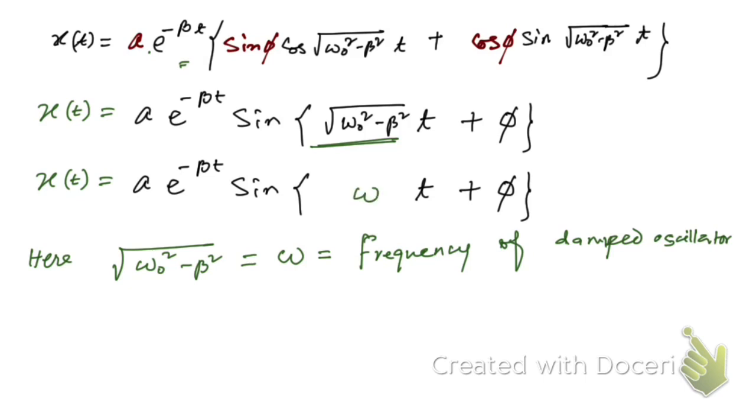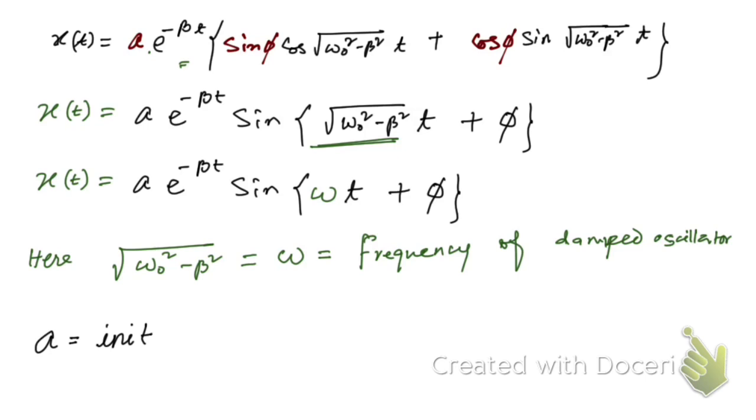Now you see, this is the harmonic function, and here this small a is the initial amplitude. Hope you have understood this.